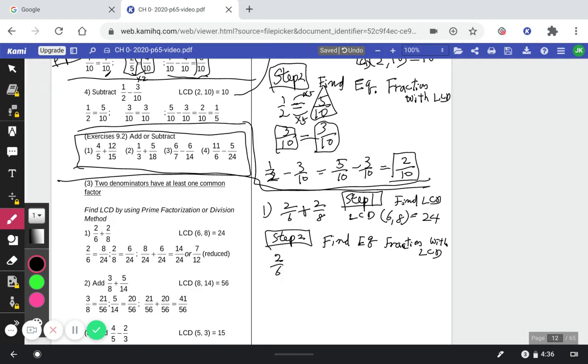So 2/6 in terms of 24, 2/8 in terms of 24. Because you can only add or subtract when you have the same denominators.